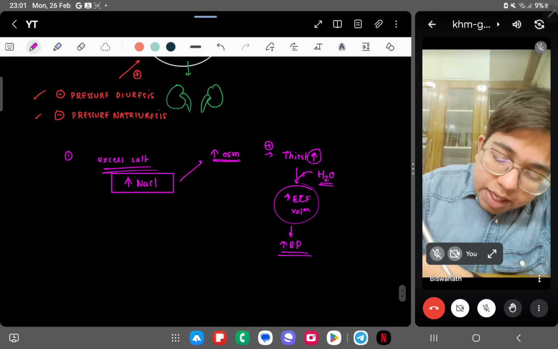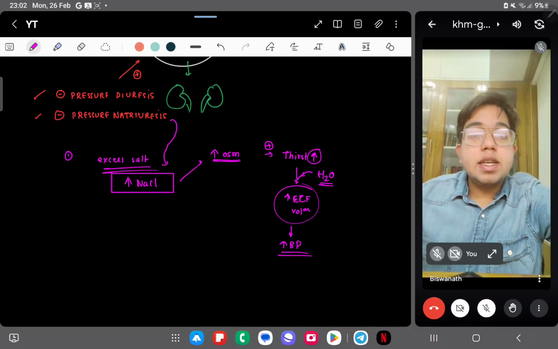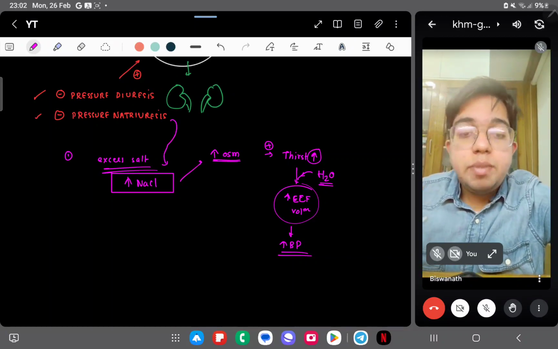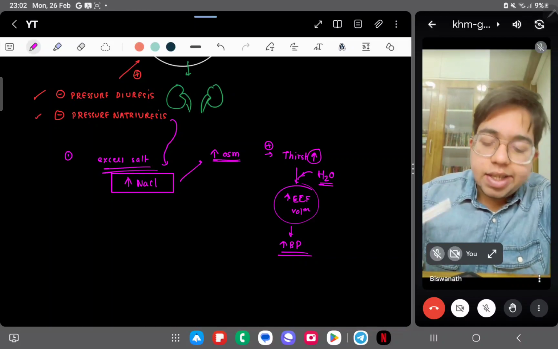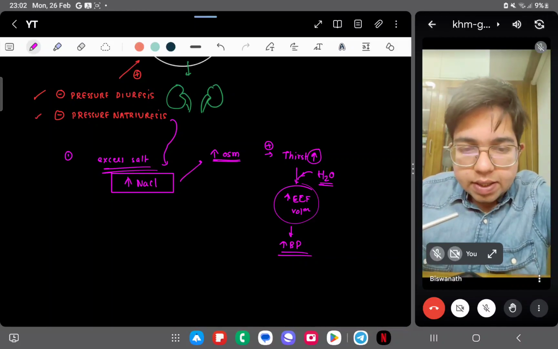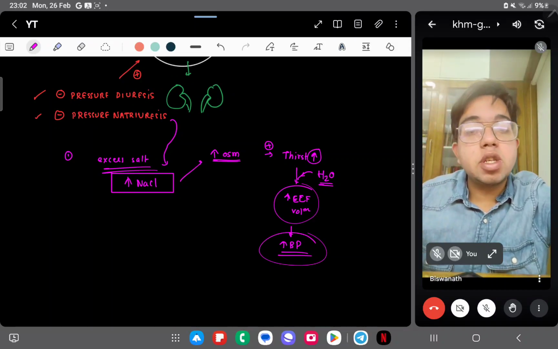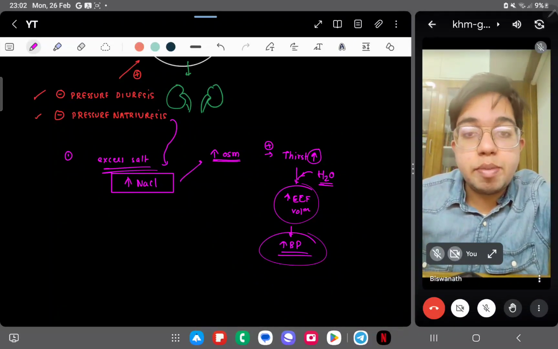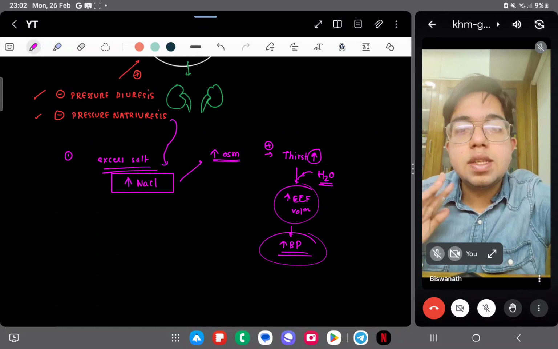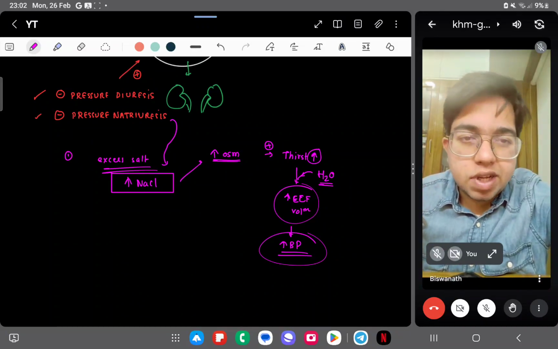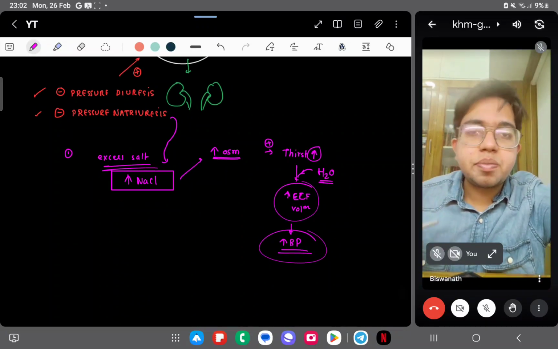So if there is pressure natriuresis, that is inhibition of salt excretion, that is increased NaCl, then increase in osmolarity, it will increase your BP. The blood pressure will be increased. Just remember this. Understood? This is the whole point of this discussion.